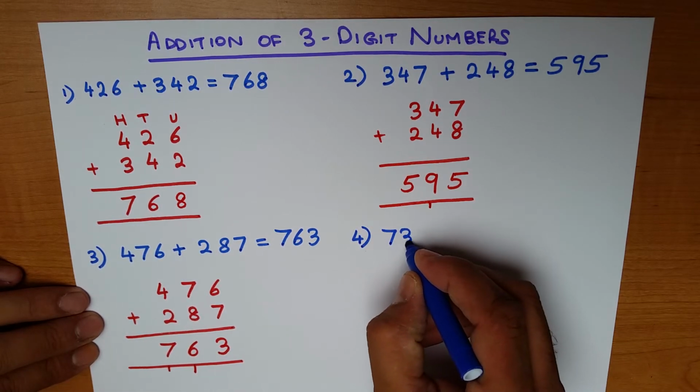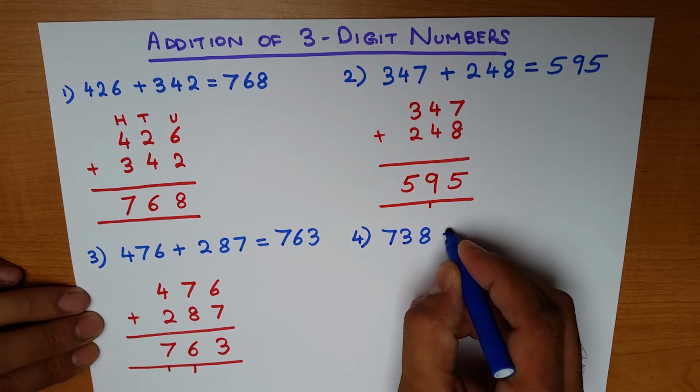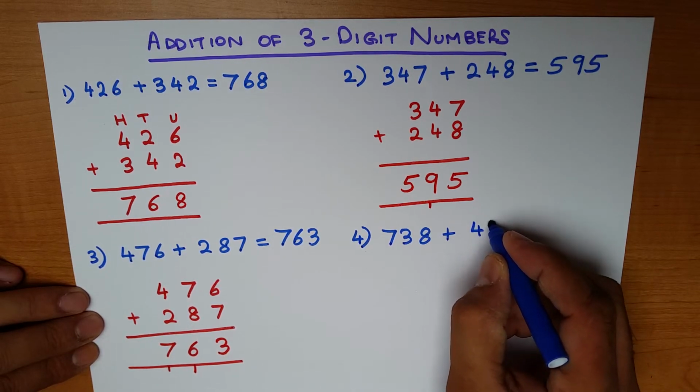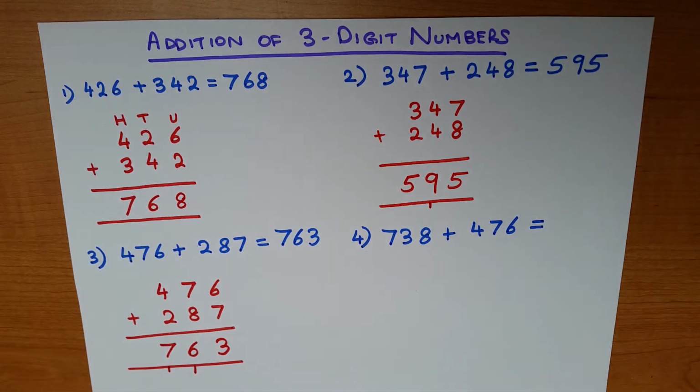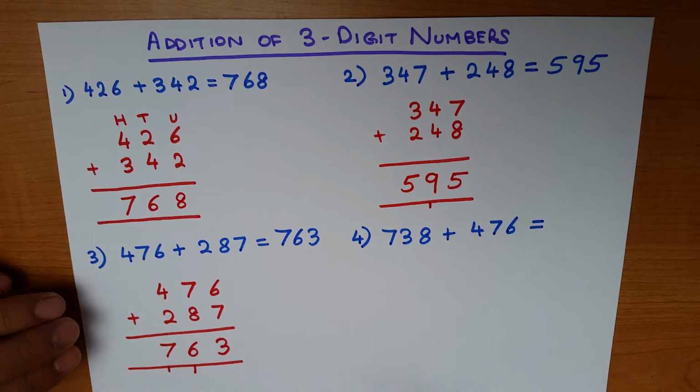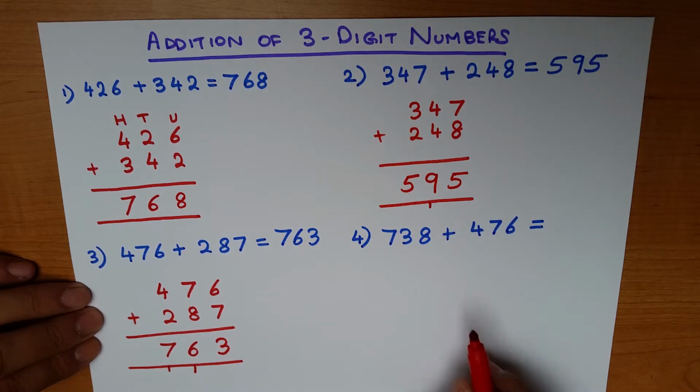What is 738 plus 476? You try writing this down in the vertical format. Remember, the key is to write them down in nice, neat columns. Have you written it?